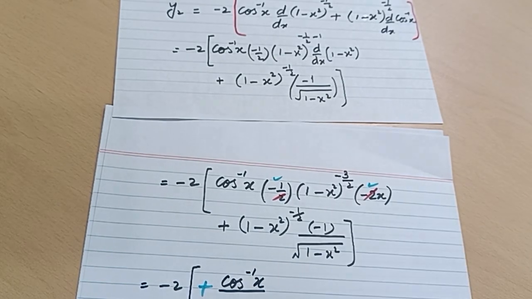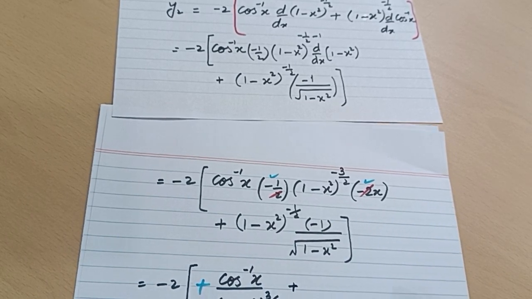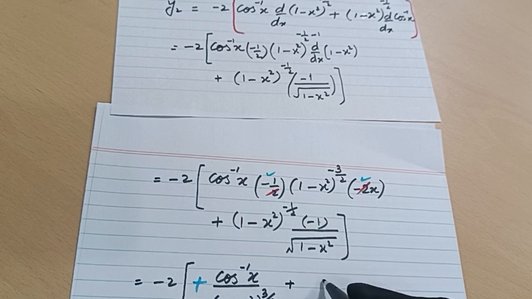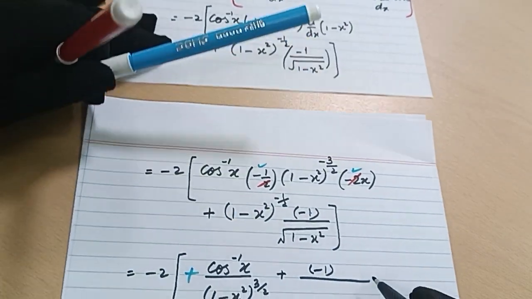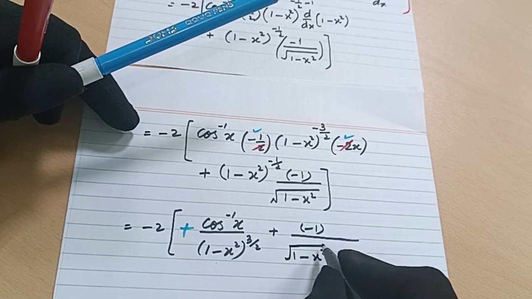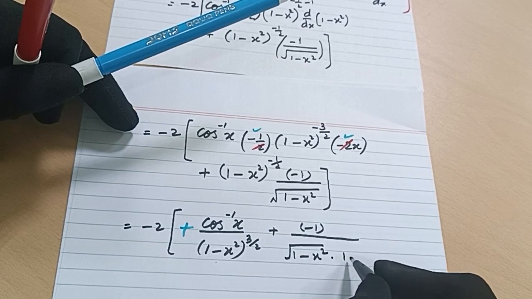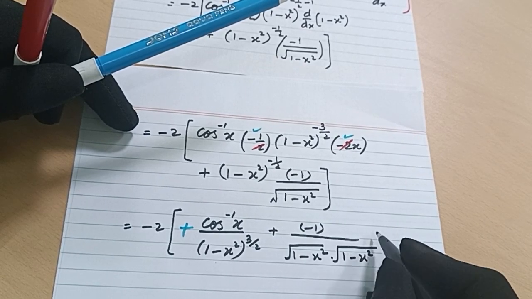And I will shift this now in the denominator, 1 minus x square, so its power will become plus 3 by 2. Okay. Plus, I shift this also in the denominator, this negative 1 over 1 minus x square. This one is coming like that, and this one is already over here, 1 minus x square.